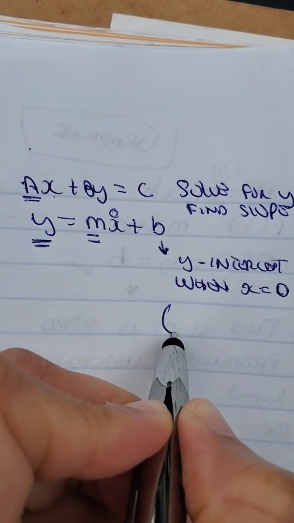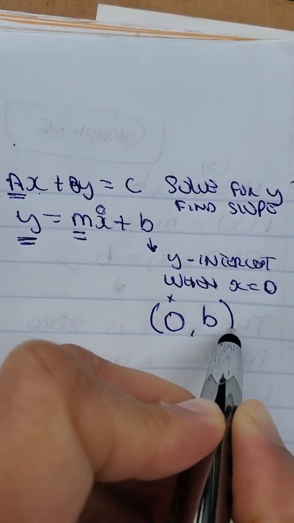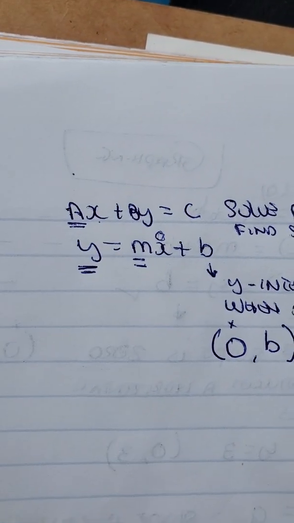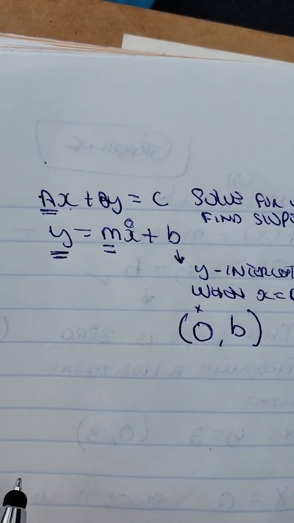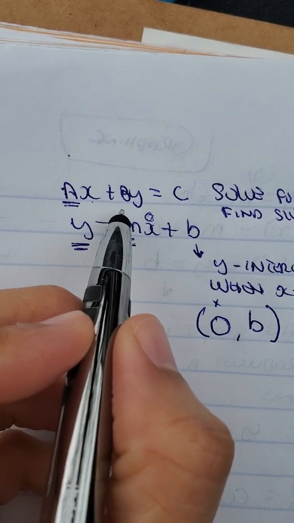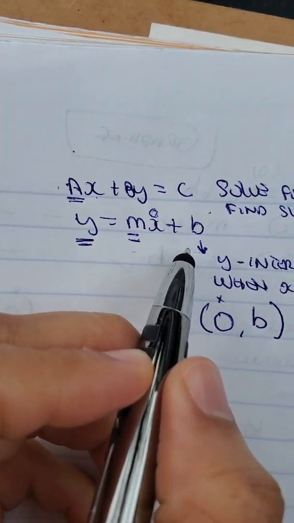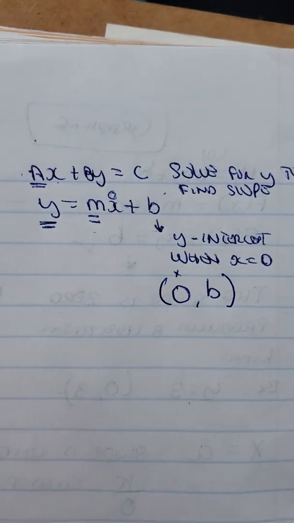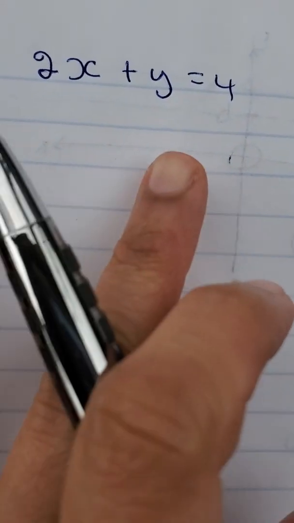It's actually a coordinate point. It's saying that when x is 0, y is b. Whenever you're talking about the equation of the line, it's always good to convert it from the general form to the slope-intercept form. This is going to help you graph it for some methods, but for other methods, you can leave it in general form.